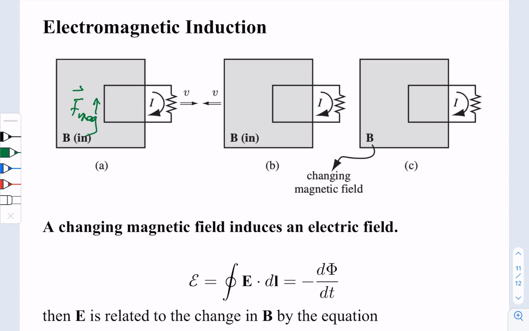But we also have different types of change in flux. So, for example, say that we are making the current loop stay still, but instead of moving the loop of this circuit, we move the magnetic field.